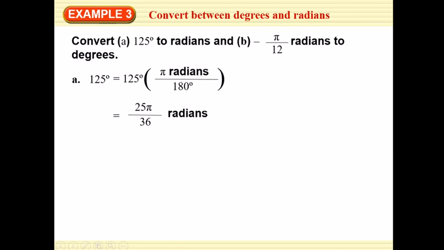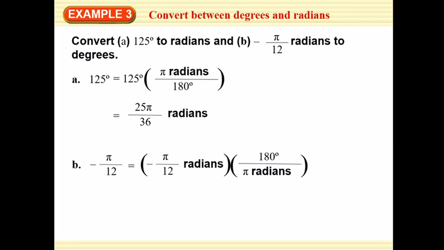You did originally have 125 over 180, but you did reduce it. And part B here is similar, except you are multiplying by the reciprocal. And if you cancel out your pi's here, you get negative 180 over 12, which is negative 15 degrees.